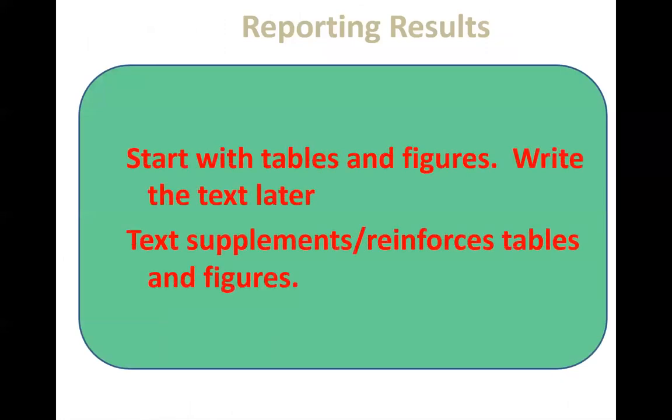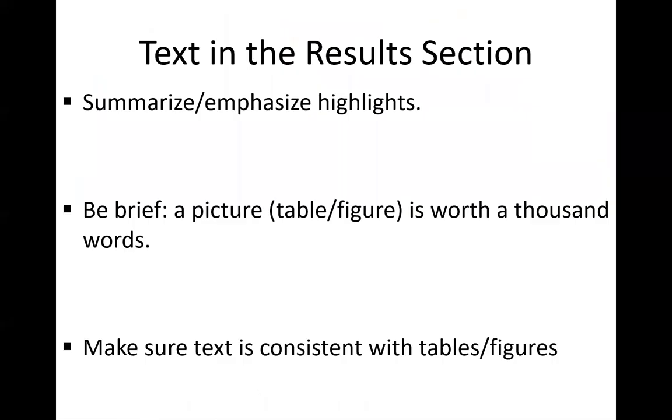You finish your table, decide what figure you want to show, and then you write the text later. The text supplements and reinforces the table and figures. And you have to keep in mind that the text should stand on its own, and the table should be self-explanatory, and each one supplements the other.